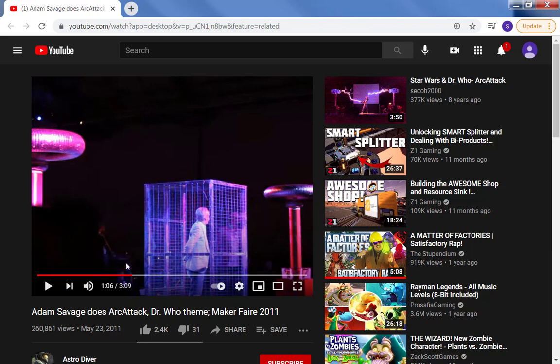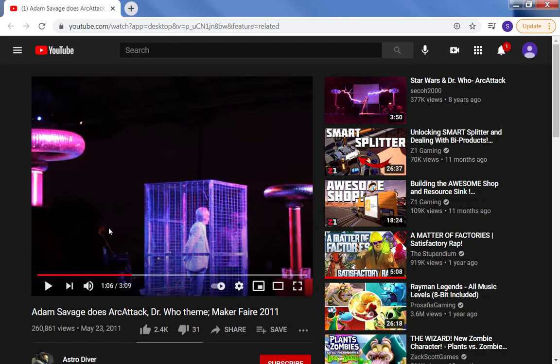And that musician's instruments and microphones and whatnot are connected to the Tesla coil, causing it to create these charge separations. You also have a cage in the front. And in that cage is a gentleman, and you may know him. That is Adam Savage, who's one of the Mythbusters.